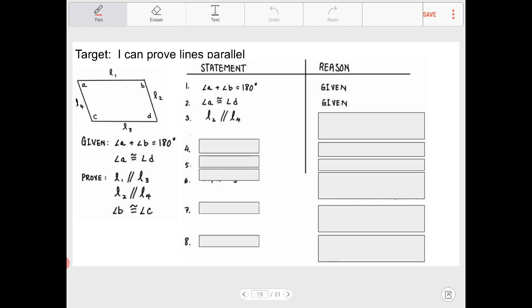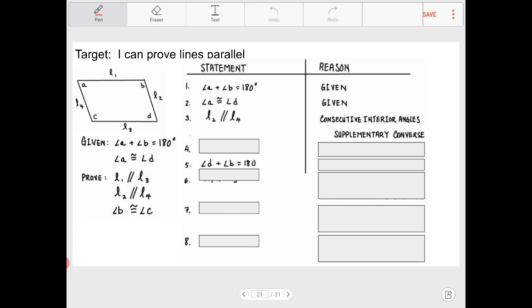So lines 2 and 4 are parallel just simply from line 1, right? And that is because consecutive interior angles are supplementary converse. The next thing that I can conclude is that D and B are going to be supplementary. And why is that? Well, that's because I'm performing a substitution.